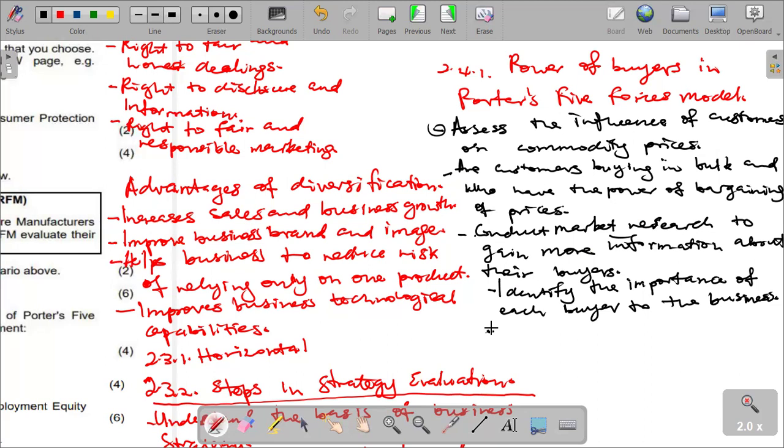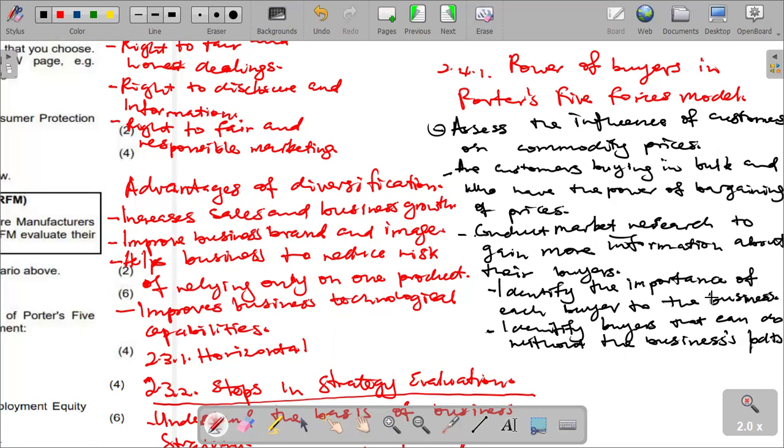They need to see the buyers who can run their things without the business products.